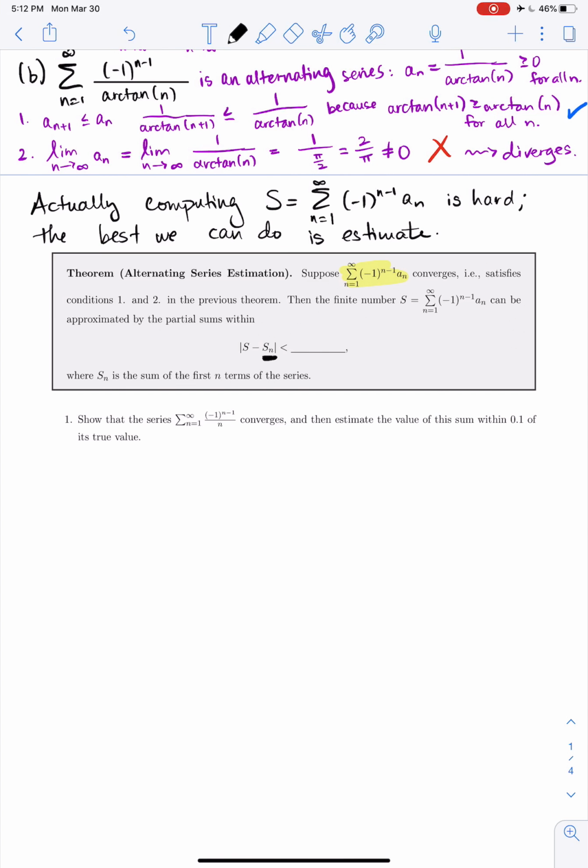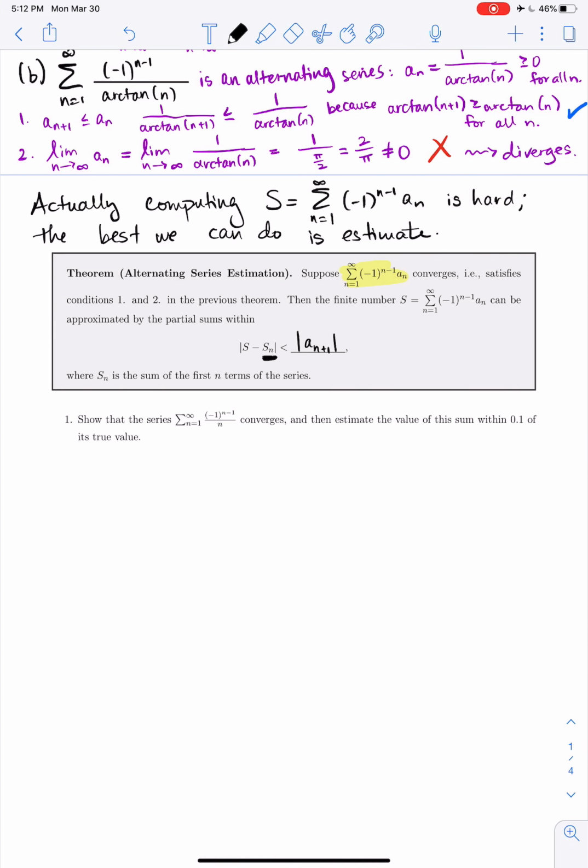How accurate? Well, within the a sub n plus first term. So that might seem kind of odd, but let's do an example where we can see this worked out.